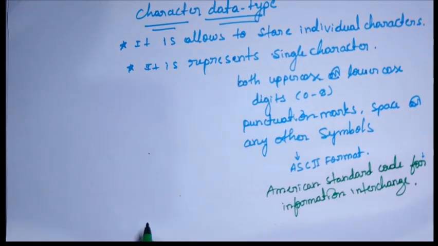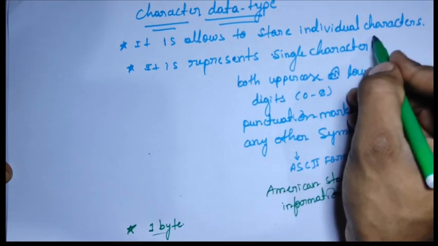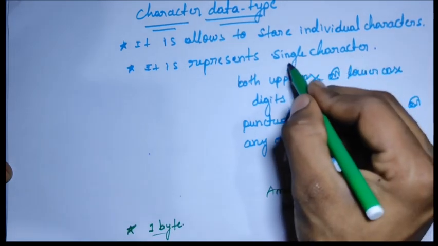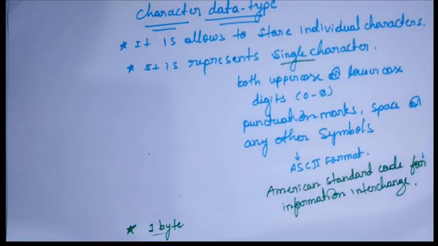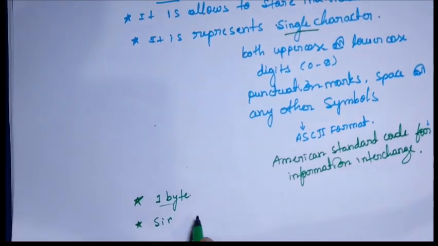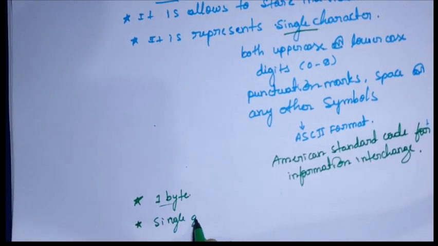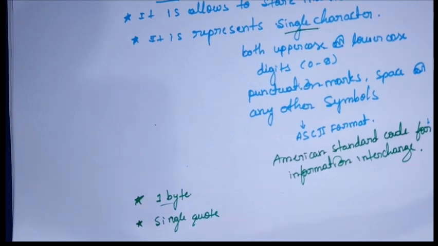Here the character data type size is 1 byte, because it holds individual characters and only represents single characters. It is represented with the help of single quotes.